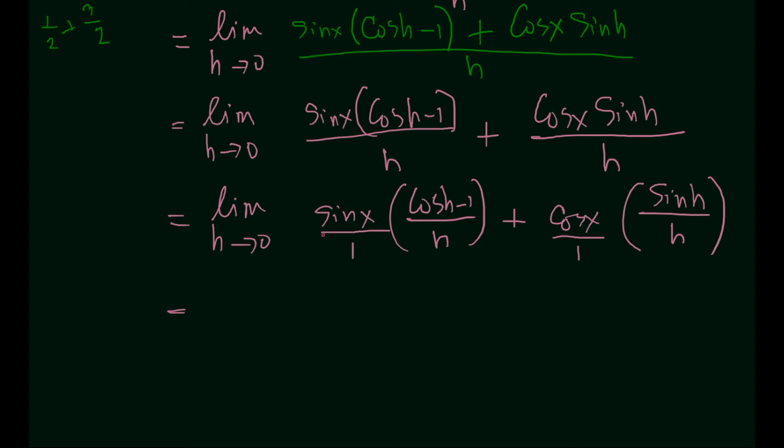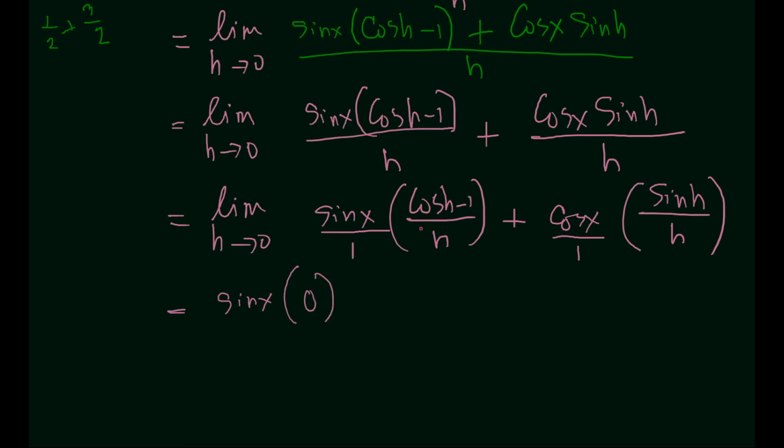So if we continue the process, we are ready now to drop the limit sign. So the limit of sine x as h approaches 0 is still sine x. Remember, our variable is h, and x here is not a variable because our variable here that approaches 0 is h and not x. So we have sine x times 0.